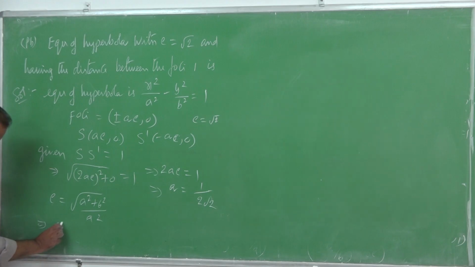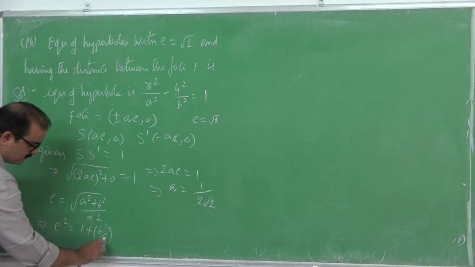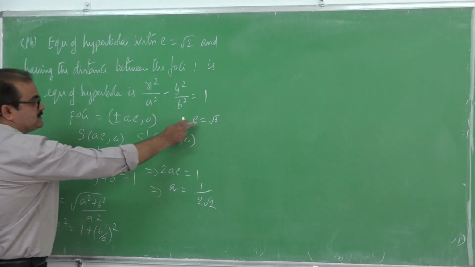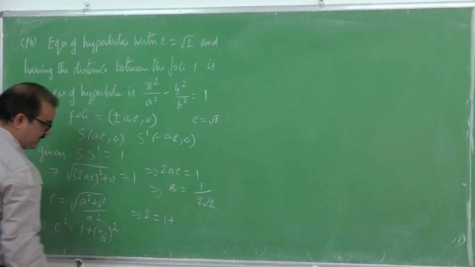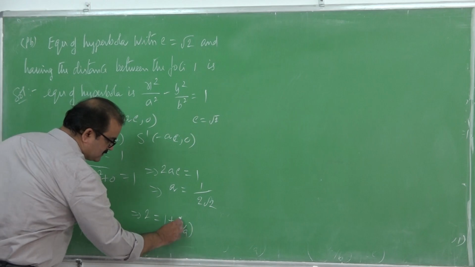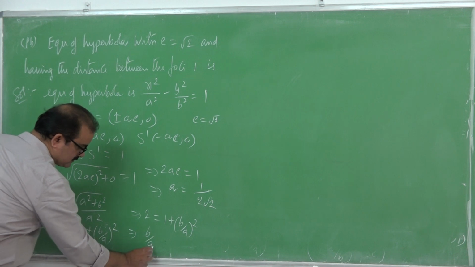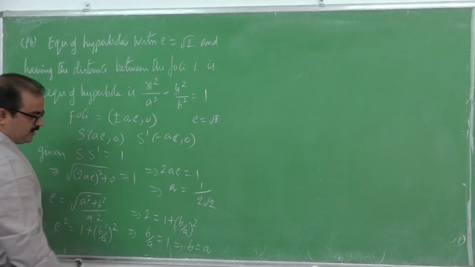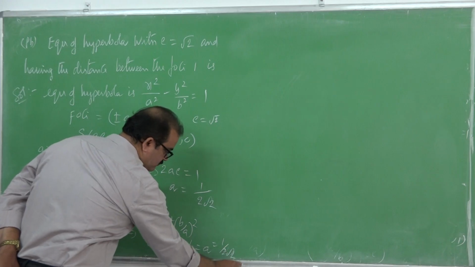Squaring on both sides, you get e square is equal to 1 plus b square by a square, or b by a whole square. But e is root 2, so e square is 2. From this 2 is equal to 1 plus b by a whole square. 2 minus 1 is 1, so b by a whole square is equal to 1. So b by a is equal to 1, so b is equal to a. So a value is 1 by 2 root 2, and b value is also 1 by 2 root 2.